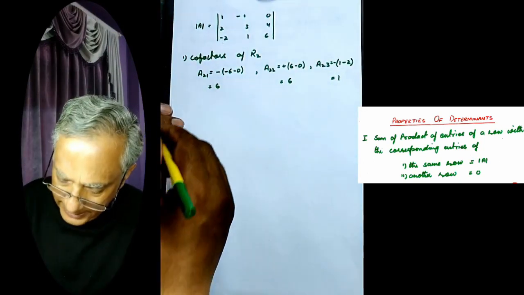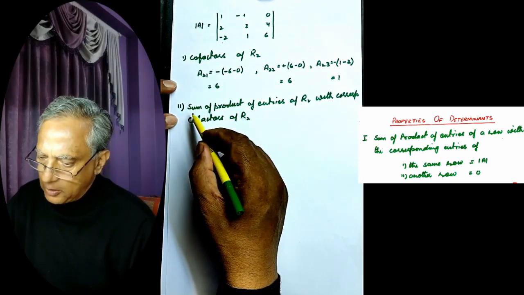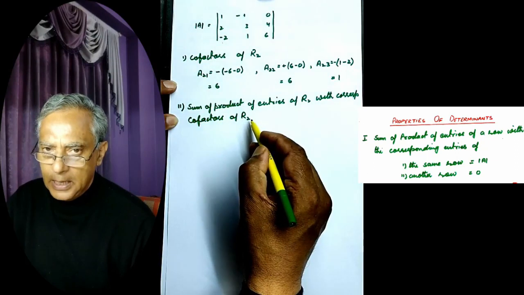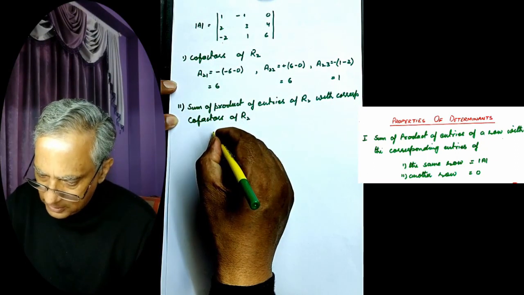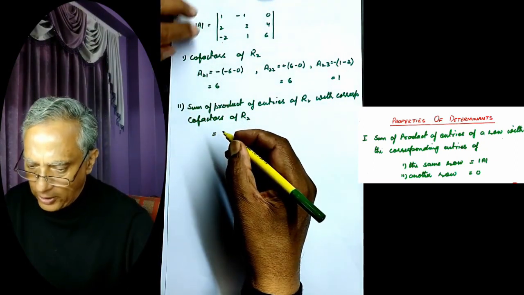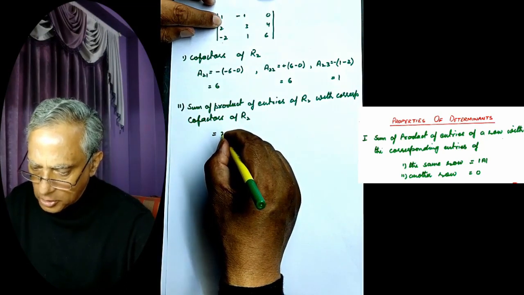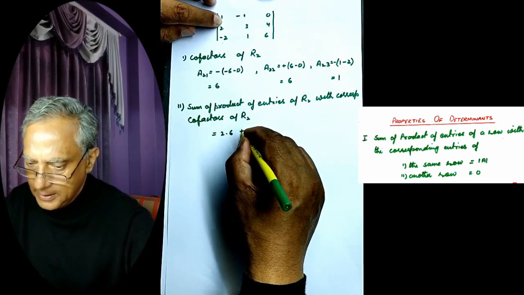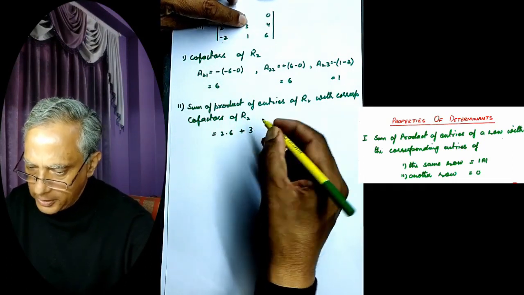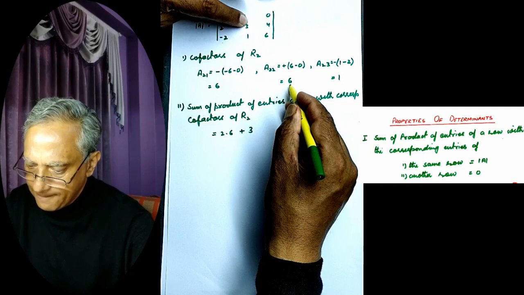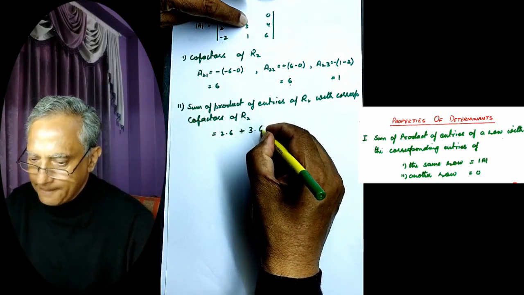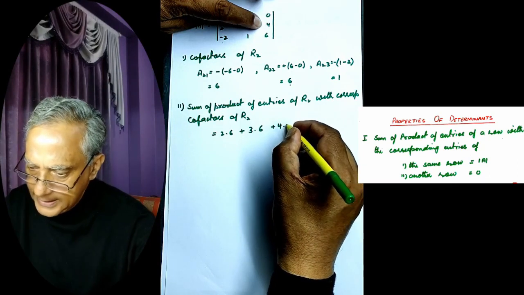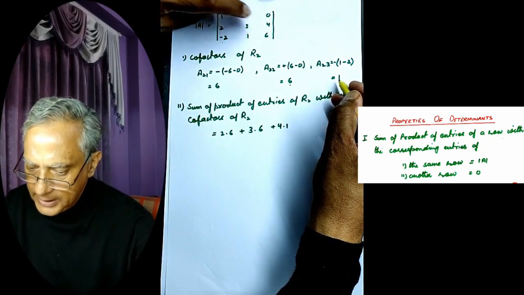Now first we find the sum of products of entries of R2 with the corresponding cofactors of R2. The entry of R2 is 2 and the corresponding cofactor is 6. So 2 into 6, plus this entry is 3 and the corresponding cofactor is 6, plus this entry is 4 and the corresponding cofactor is 1.